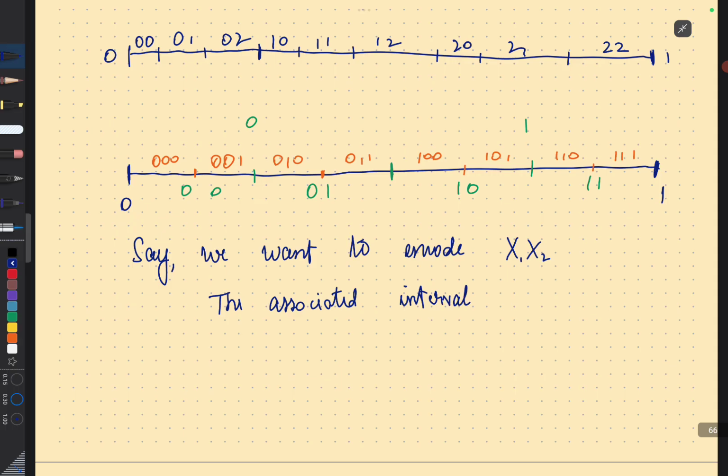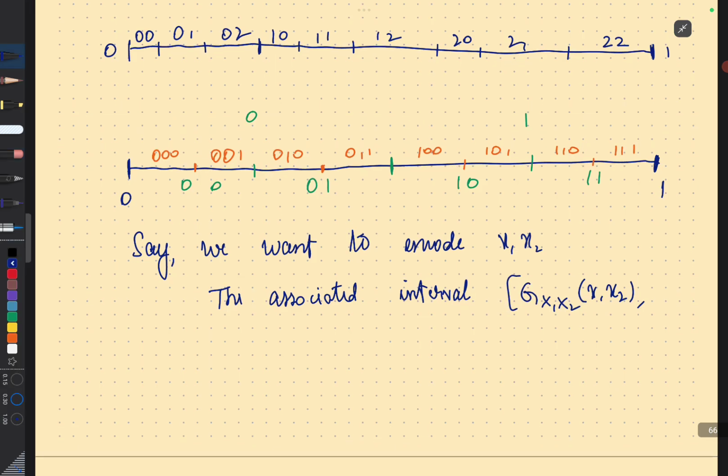The interval associated with x1, x2 is going to be the interval starting at g of x1, x2.